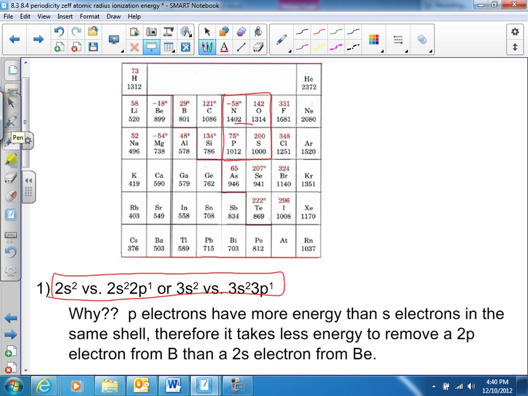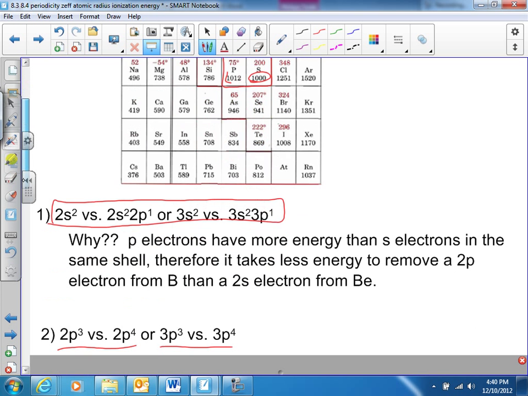So here we go. Nitrogen to oxygen. The general trend was that ionization energy should increase, but lo and behold, 1402 is not larger than 1314. 1000 is not larger than 1012. So our general trends are not holding up when we go from p3 electrons to p4 electrons.